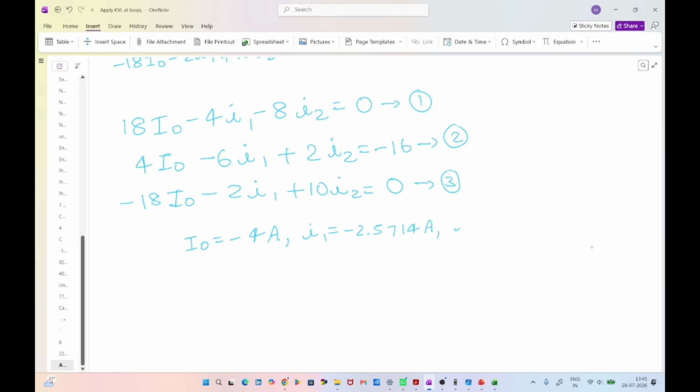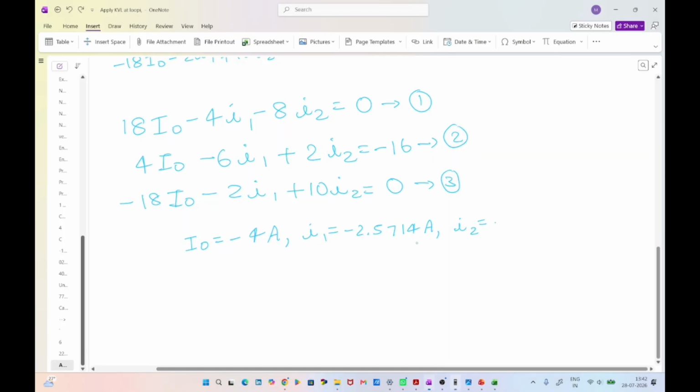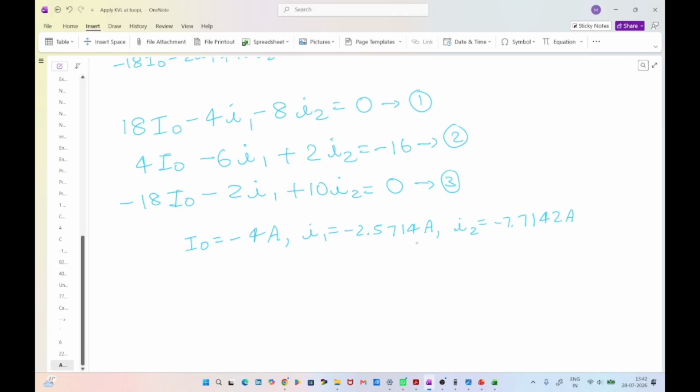Then I2, click on the calculator and again click on equals. I2 is equal to minus 7.7142 amps. Our aim is to find I naught, so I naught is equal to minus 4 amps.